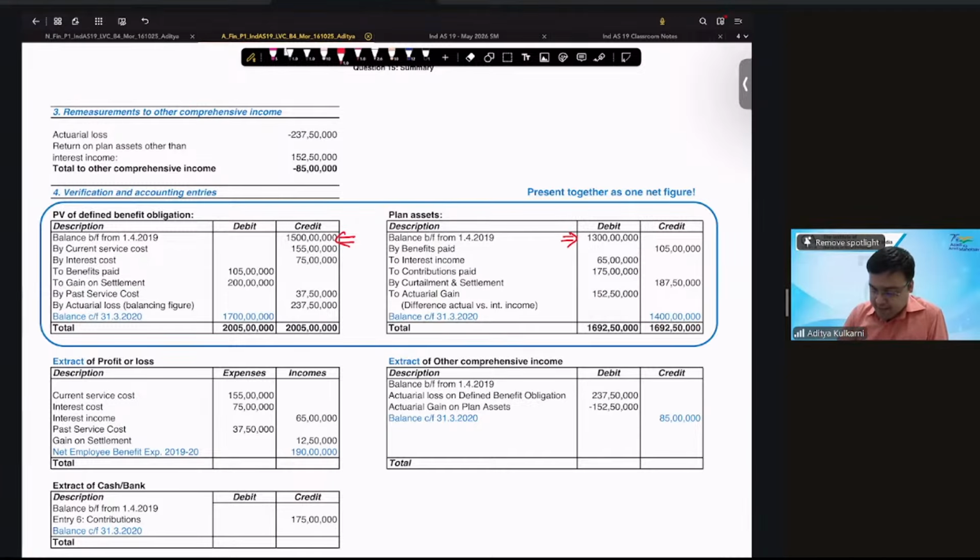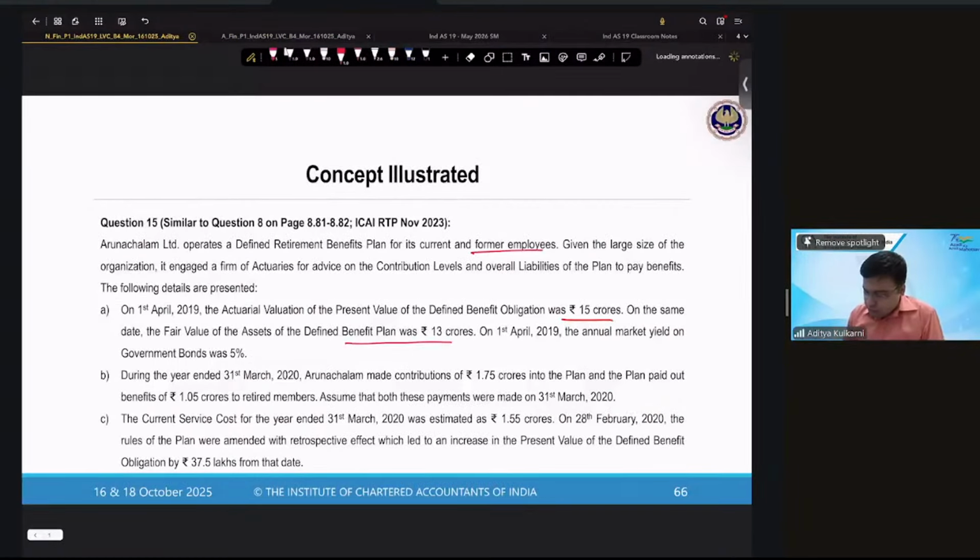ठीक है? Next. On 1st April 2019, the annual market yield on the bonds was 5%. That means what?